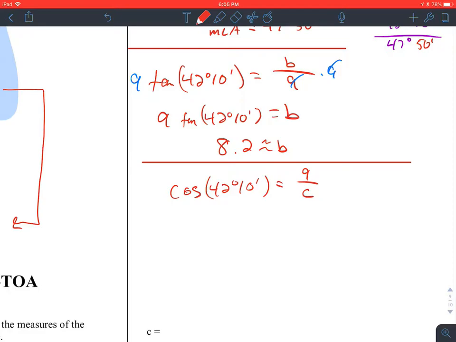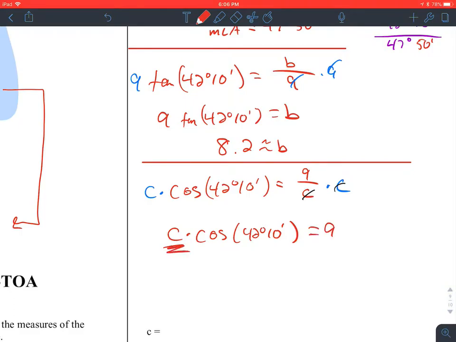To solve the equation, we want to get the variable off of the fraction, so we're going to multiply both sides of the equation by c. On the right, c's cancel. On the left, we get c times cosine of 42 degrees, 10 minutes equals 9.